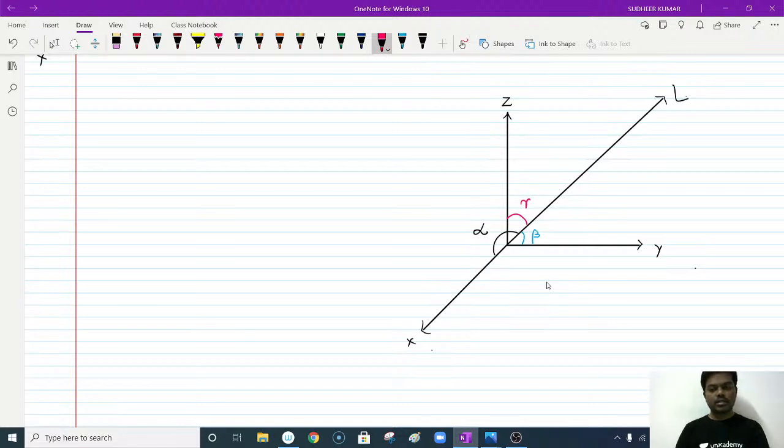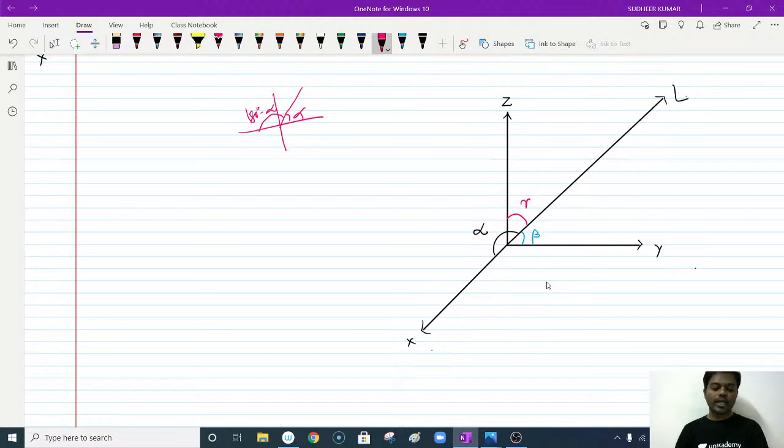Right? If you take this one, we know that if a line makes angle alpha with the x-axis, the other side it is 180 minus alpha, right?